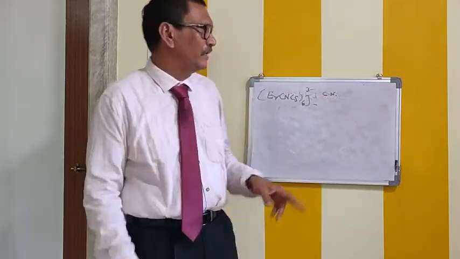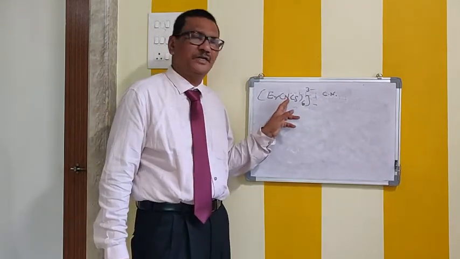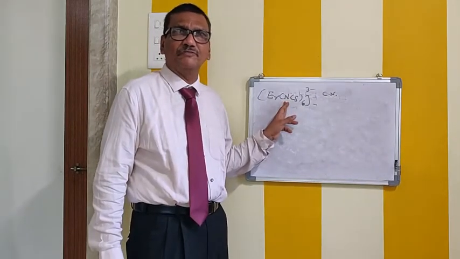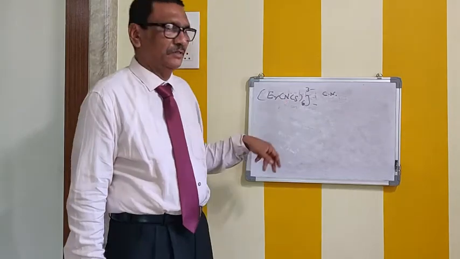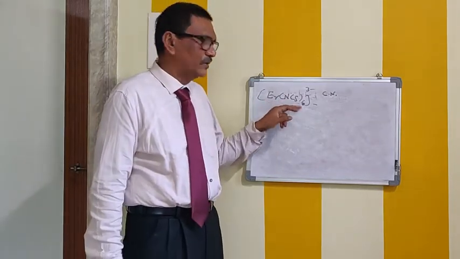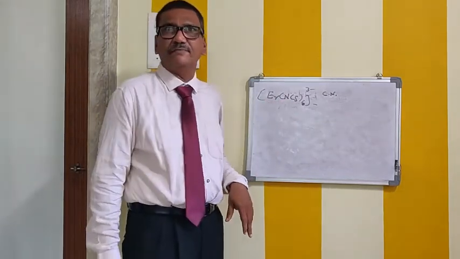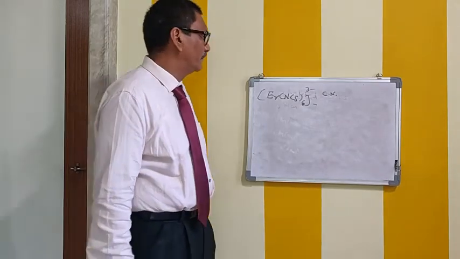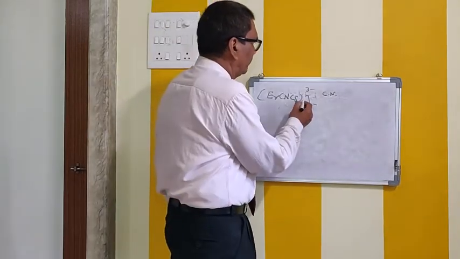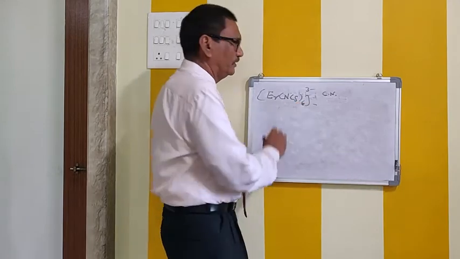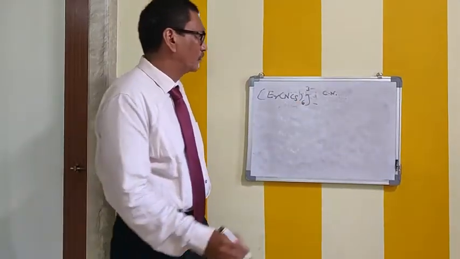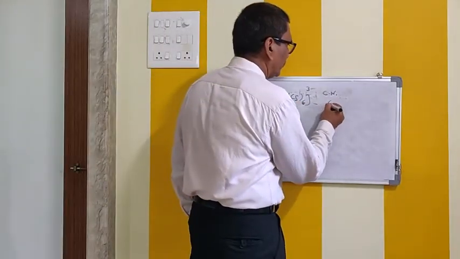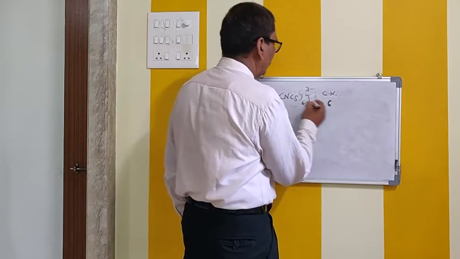So the number of ligands directly attached to the central metal atom in the coordination sphere is called the coordination number. Now, what is the coordination number in this case? The number of ligands attached is 6, so the coordination number will be 6 in this complex.